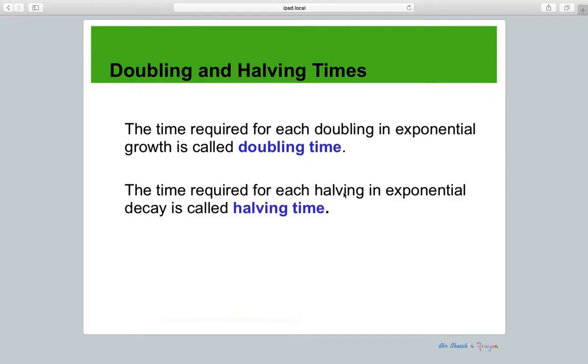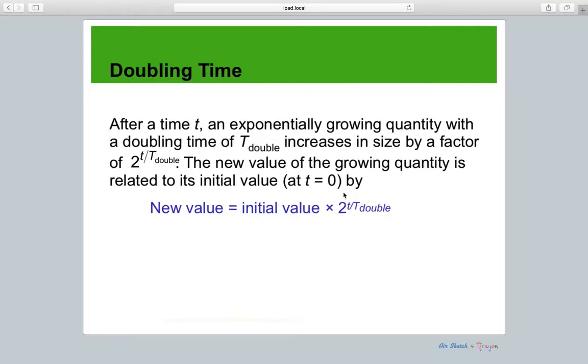So, definitions. The time required for each doubling in exponential growth is called doubling time, and the time required for halving in exponential decay is called halving time. All right, and so here is a formula.